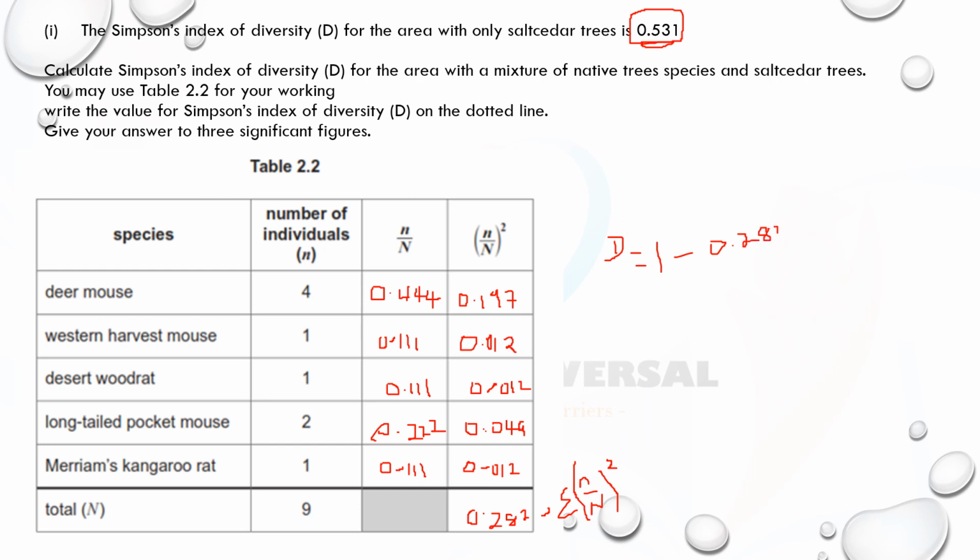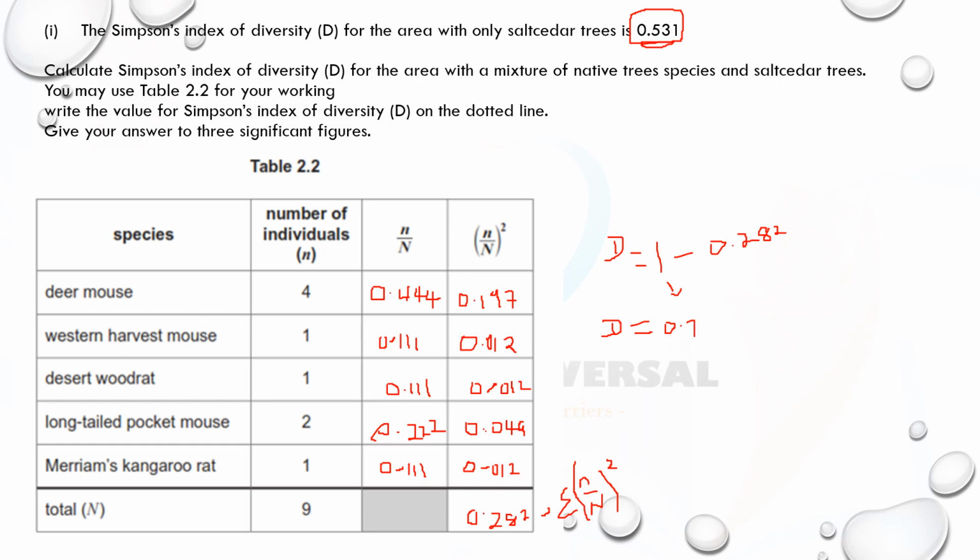That is Simpson's index of diversity for the mixture of salt cedar and the native species. So you just do 1 minus it, and the answer is 0.718.